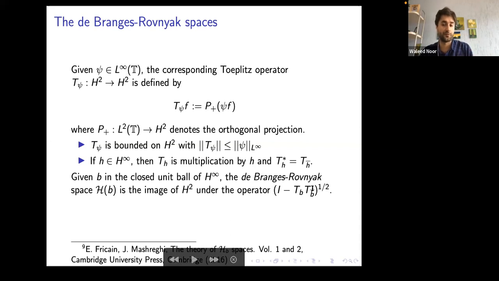This is a positive operator, so it has a positive square root. So these are basically the images of certain positive operators within this space. And of course, there's a very vast literature, and I think these two volumes are a very good introduction to de Branges-Rovnyak spaces.